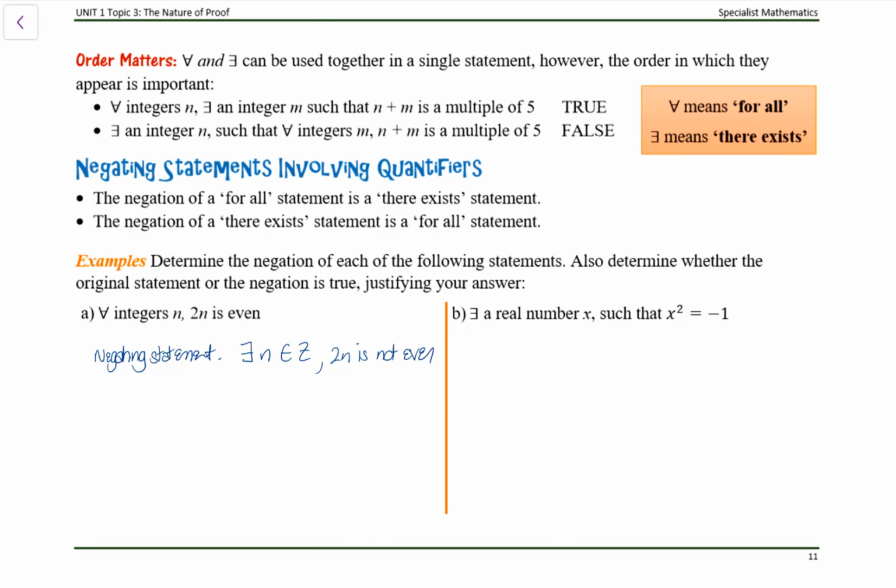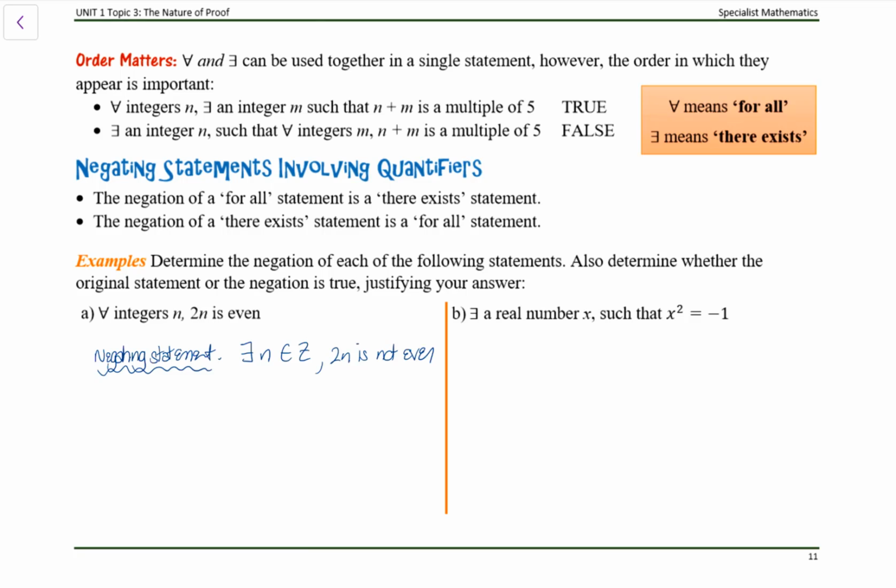The first one was for all integers n, multiplying by 2 will result in an even number. It has to. It's a multiple of 2. So the original statement would be true, as the resulting number would be a multiple of 2. If we look at the negating statement, there exists an integer n such that 2n is not even, that's false.